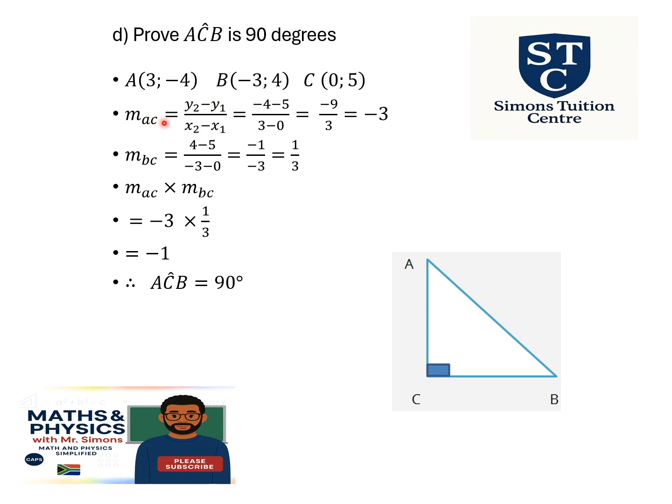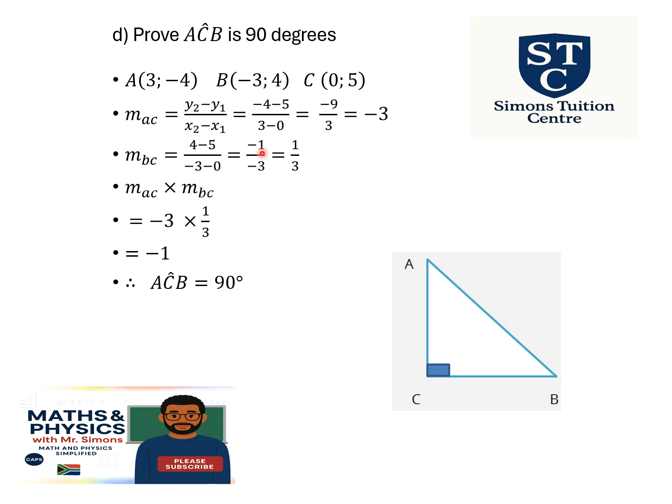So for AC, start there, -4 minus 5 over 3 minus 0. So that gives me -9 divided by 3, which then gives me -3. If we do gradient of BC, so I'm working with B and C, I'm going to say 4 minus 5 over minus 3 minus 0. So those are the points I substitute in.